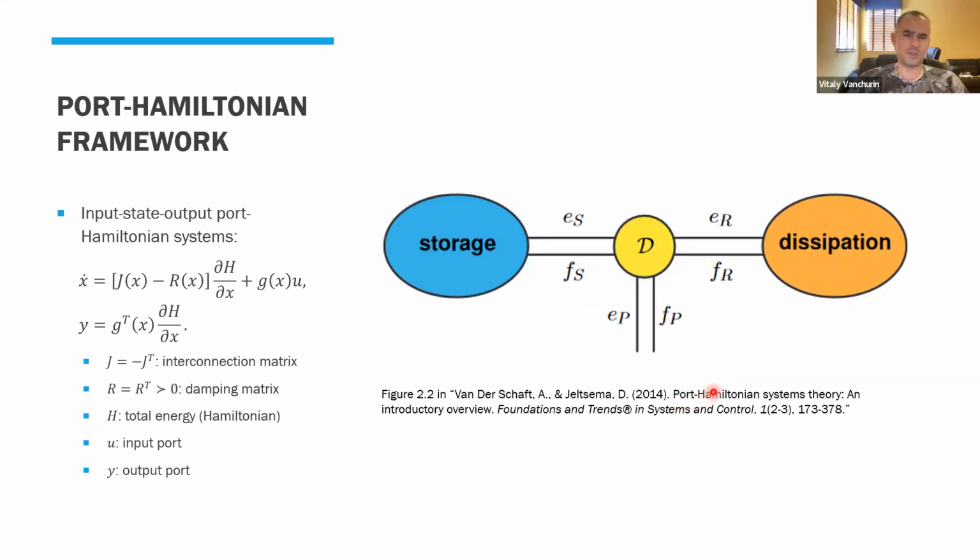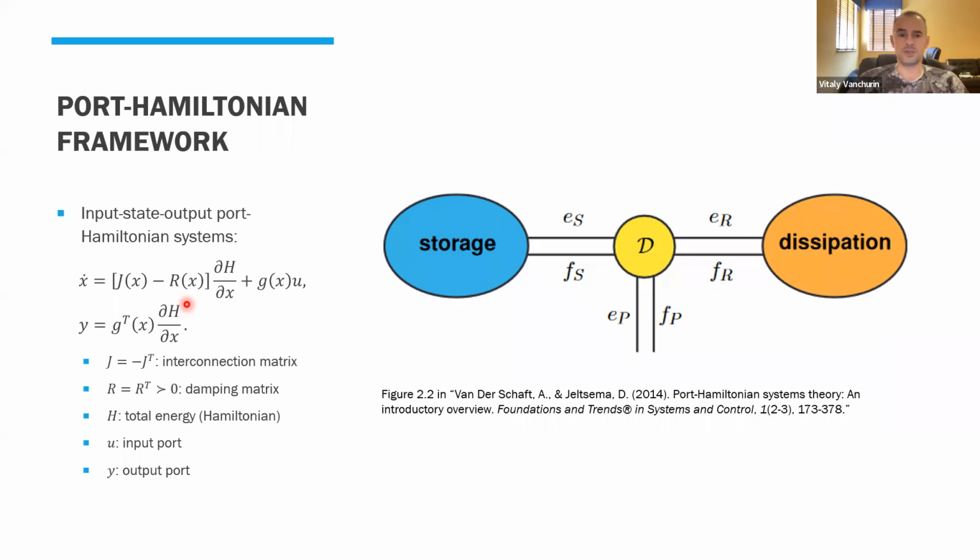Zaki, can I ask you a question? So your J depends on X, although the symplectic matrix doesn't. This is the general nonlinear Port-Hamiltonian system. Right, so it depends on X. It's already not Hamiltonian, right? If J depends on X, because usually in symplectic form, it doesn't depend on X, right?